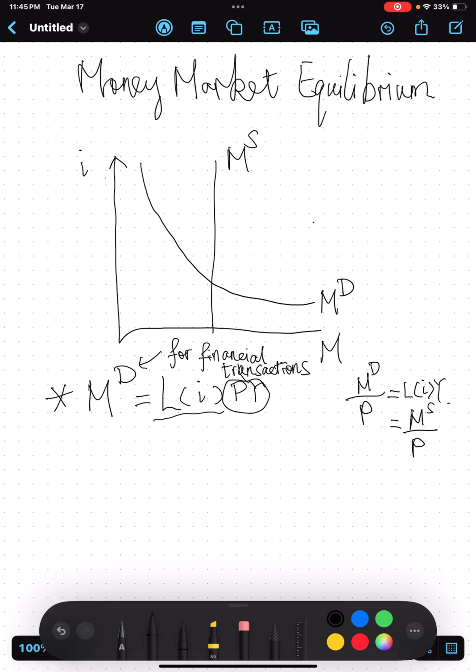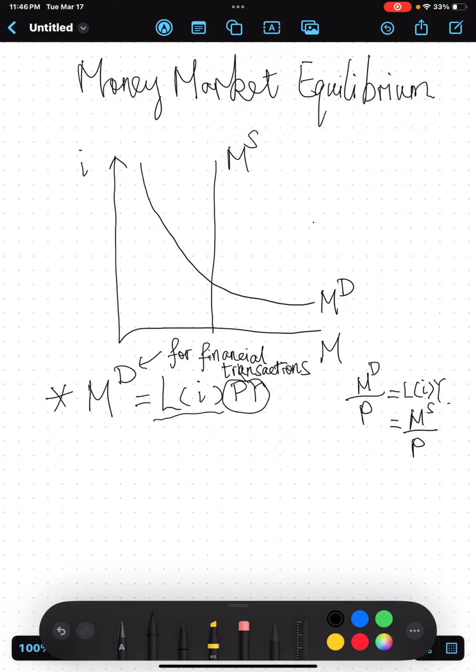So whenever the interest rate changes, you move along this demand curve. But what if the real income goes up or down, which means the economy expands or shrinks? In that case, you shift the entire money demand curve right or left.